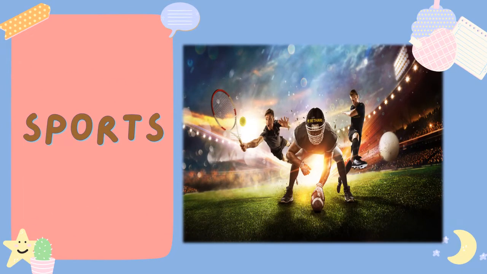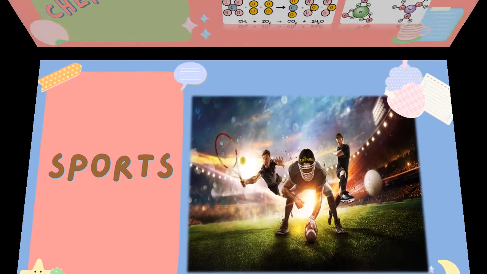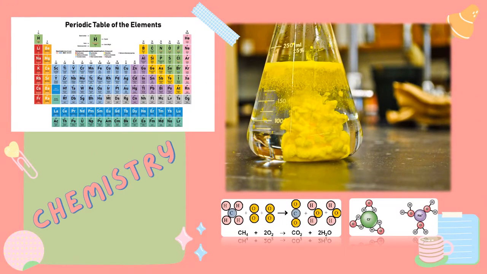Sports. In a team, each player is responsible for success. It is a combination of strengths which can also lead to minimizing individual weaknesses. Next is chemistry. In chemical reactions, you can combine two or more reactants to form a new product.